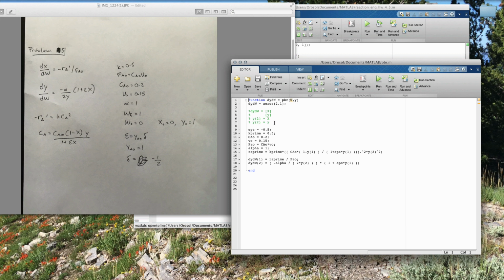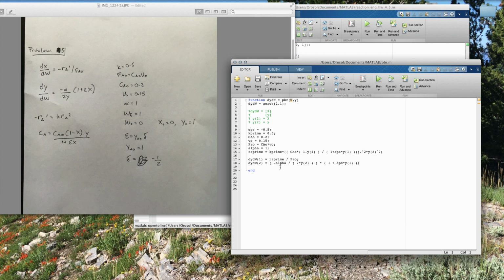So dy dw, this is technically what it is. And so then the way I'm referencing this, the y1 is x, so this would be 1 minus x divided by 1 plus epsilon x squared multiplied by y2, and so this is the pressure drop y squared.